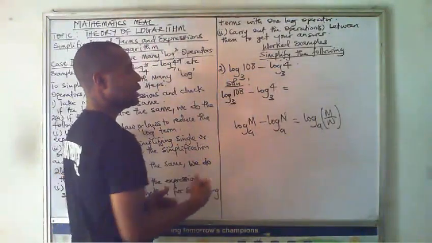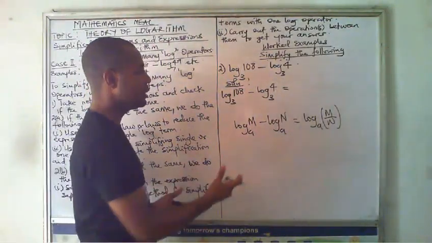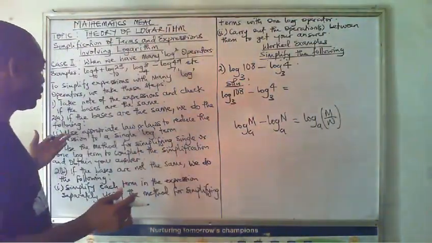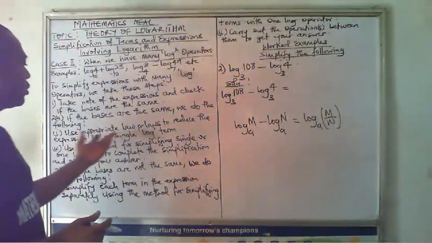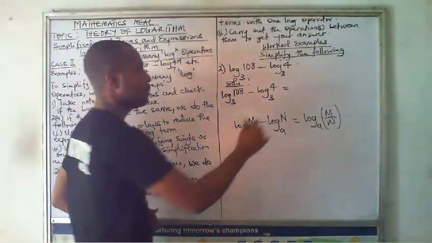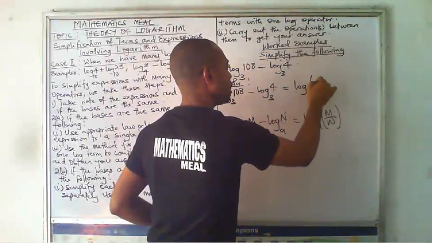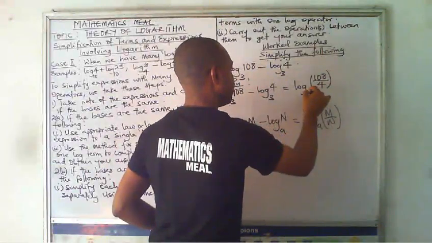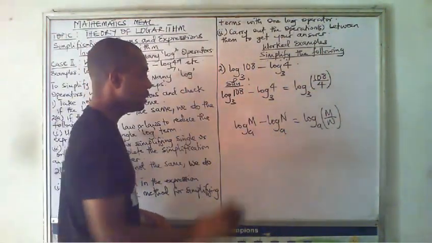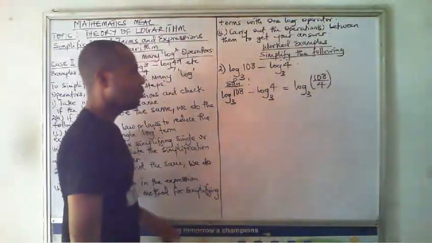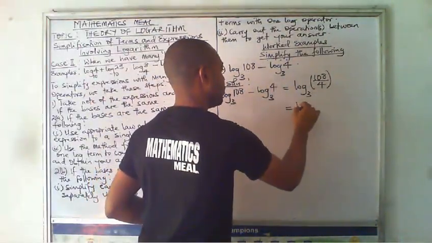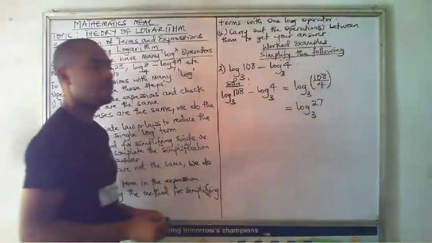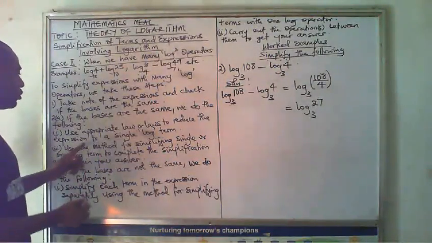So if we apply this law, we reduce the whole expression to a single log by saying 108 divided by 4 in base 3. And 108 divided by 4 is 27, all in base 3. Then we have reduced it to a single log.